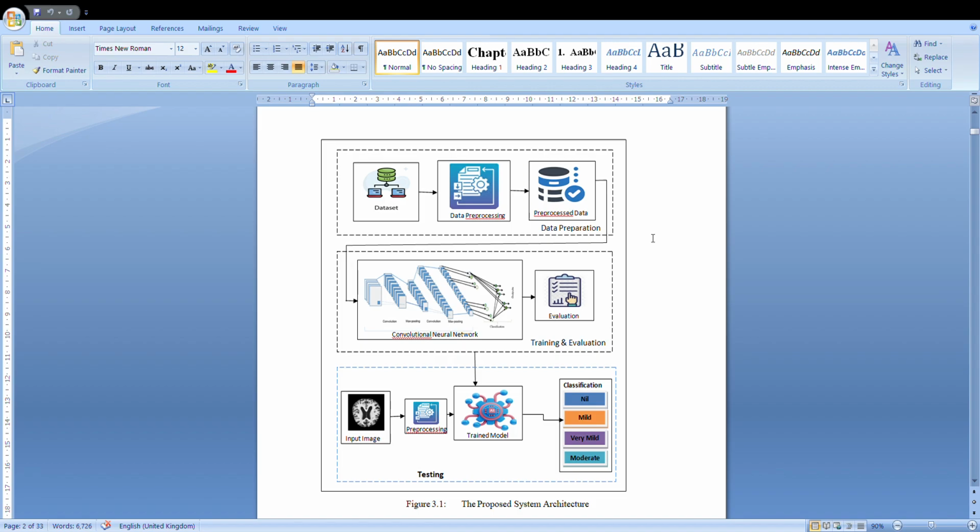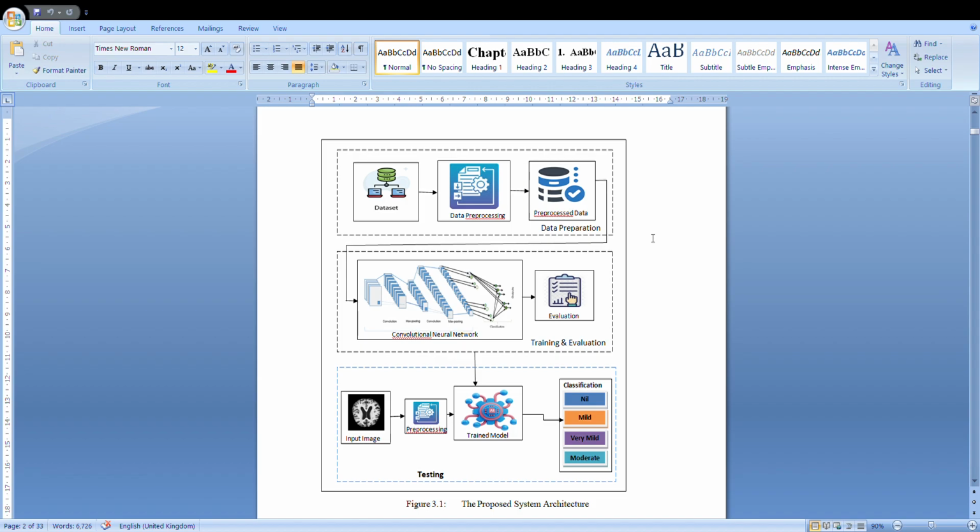That's exactly what we did. The output of that stage, which is training and evaluation, is the trained model. So we now have our trained model.